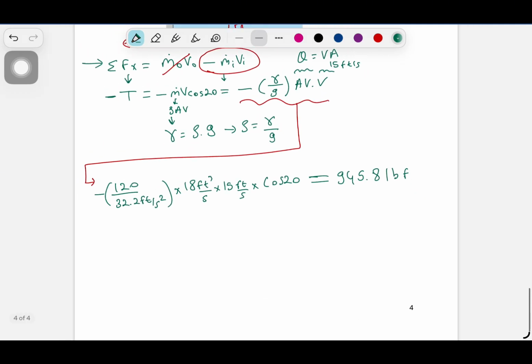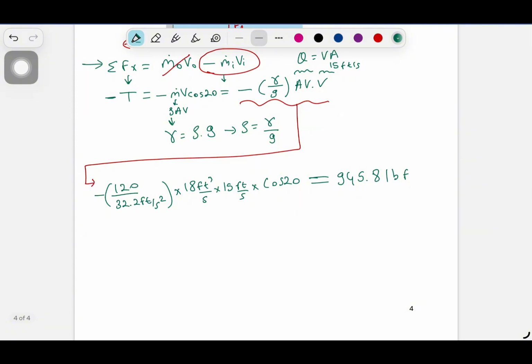And it is coming because we have minus T is equal to minus 445.8 pound force. So T will be equal to this value.